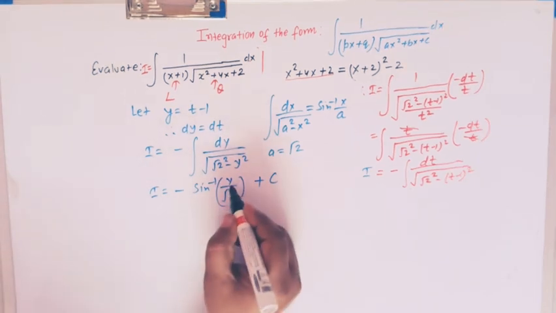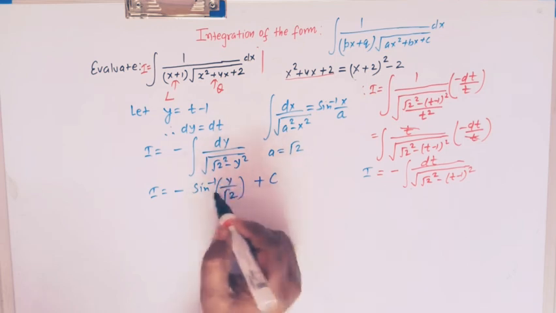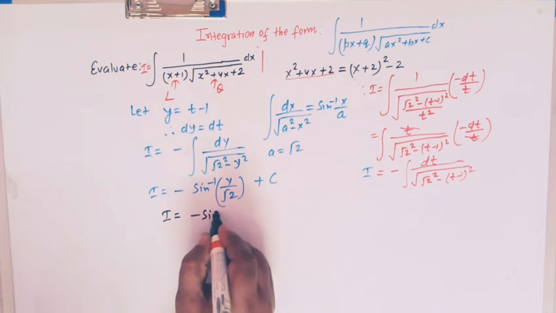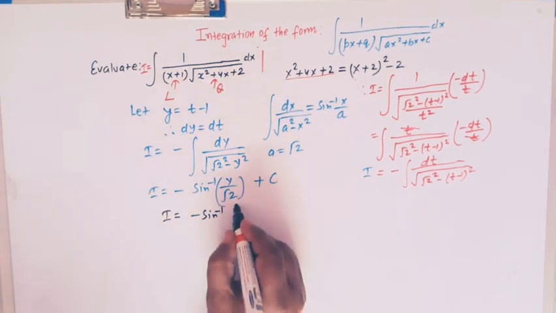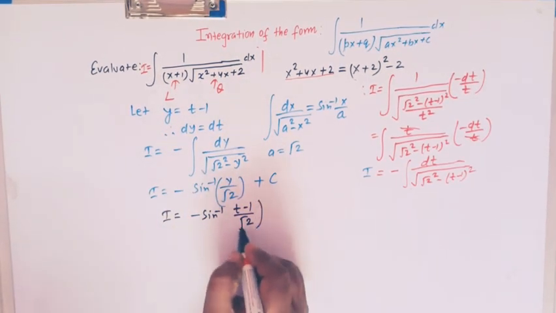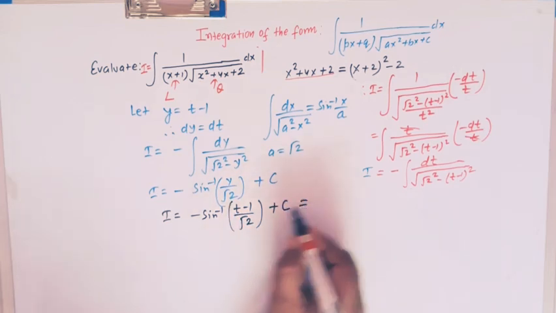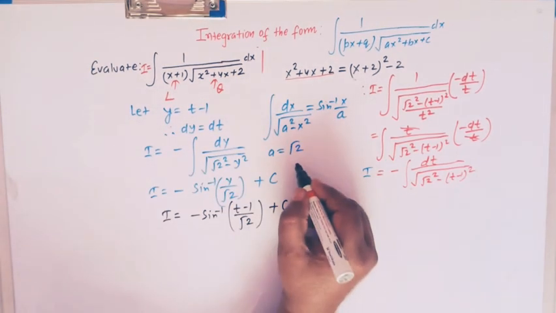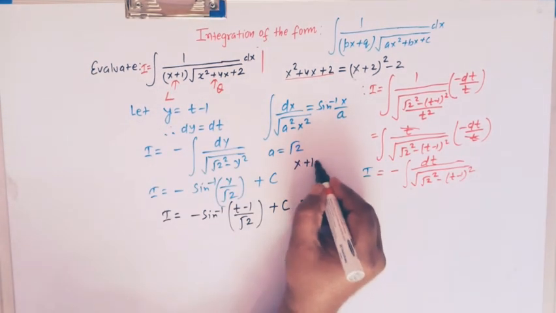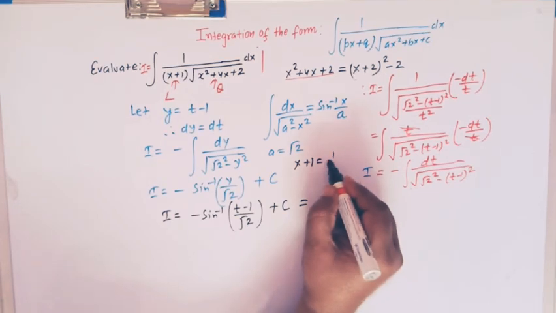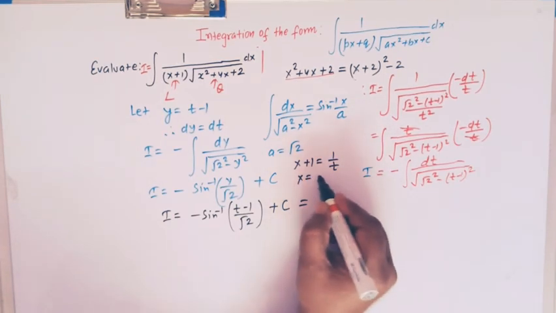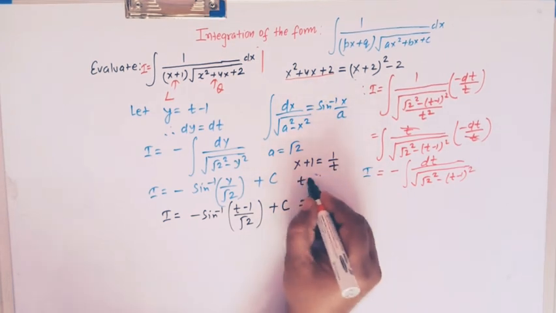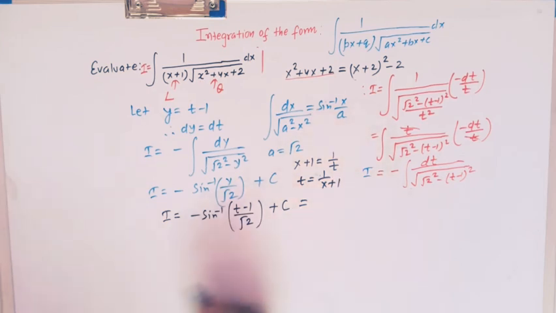Okay, now we can express this result in terms of t. So we have I is equal to minus sine inverse, for y we have t minus 1 over root 2 plus c, and again we have to express this t in terms of x, because we have assumed x plus 1 is equal to 1 over t, so t is equal to 1 over x plus 1, right?